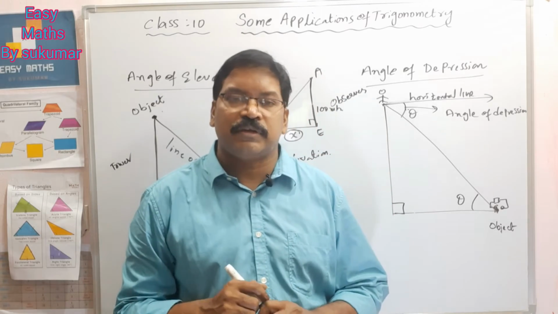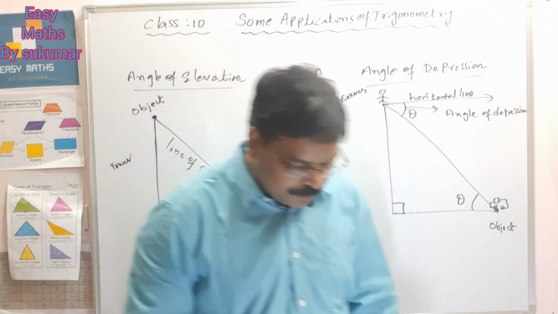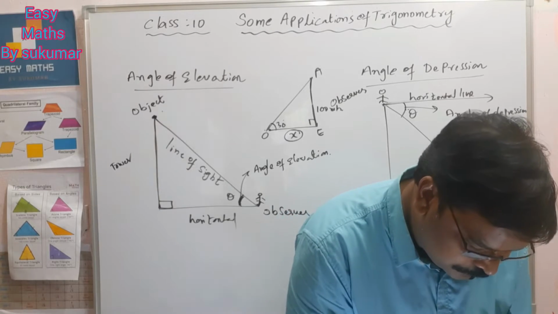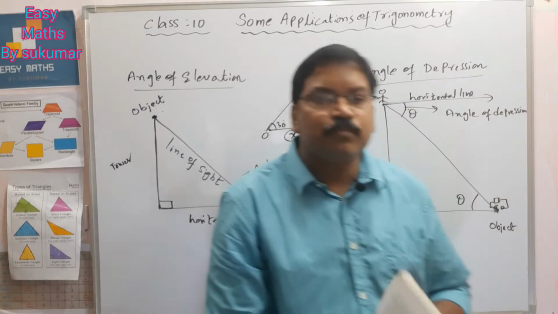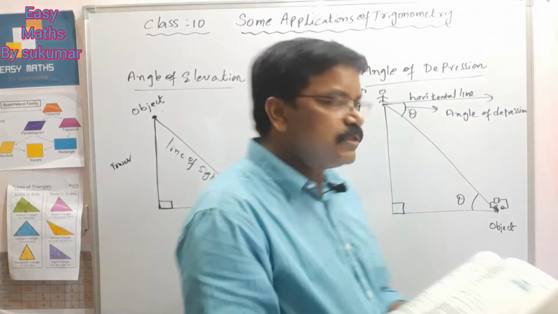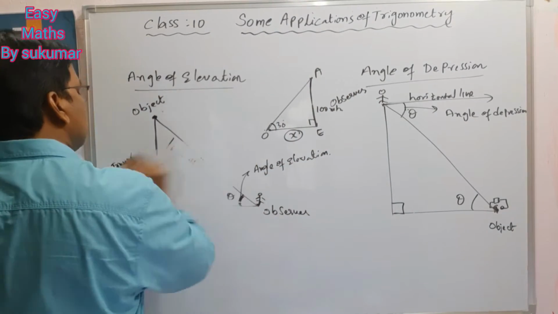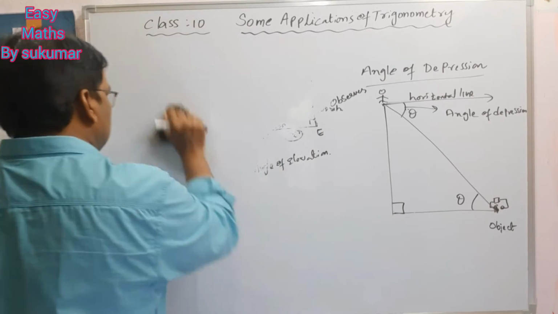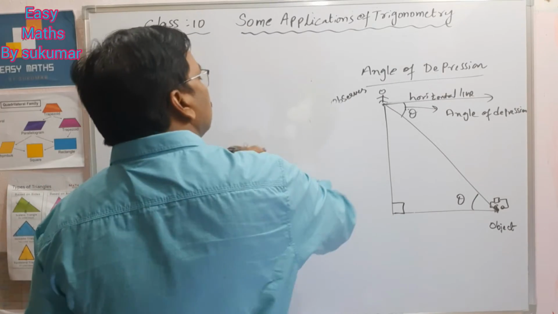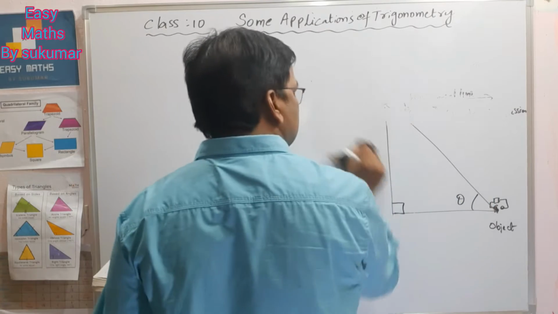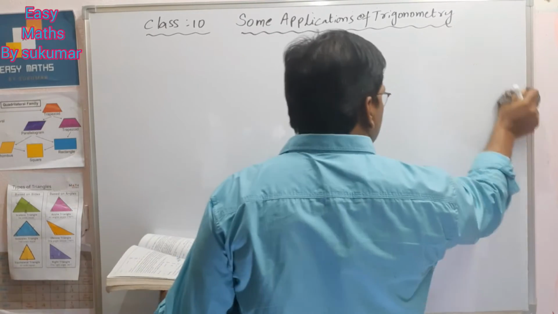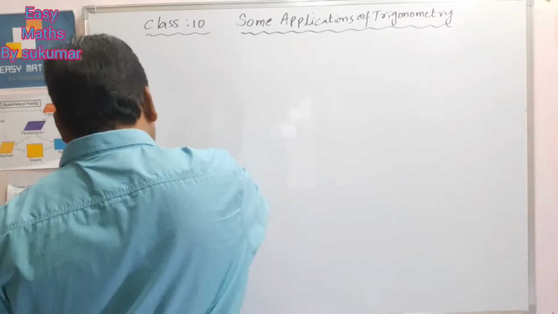That is the fourth point. See, my dear students, now we are going to solve exercise 9.1 for CBSE students. Actually, there are two exercises in chapter 12, that is 12.1 and 12.2, for AP board students.